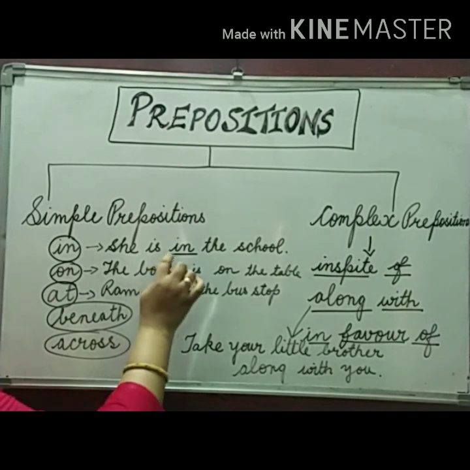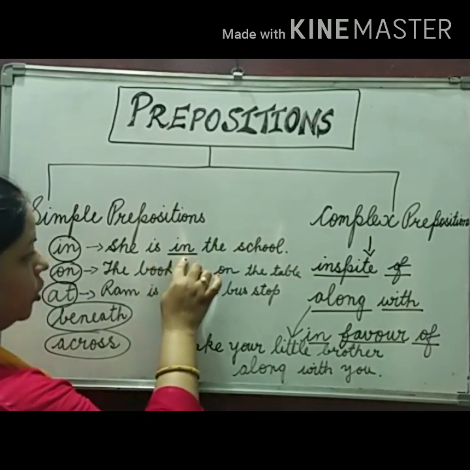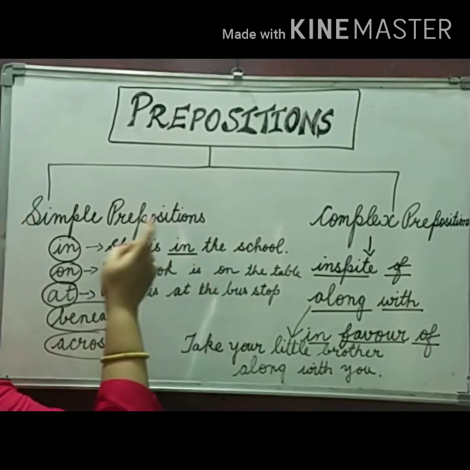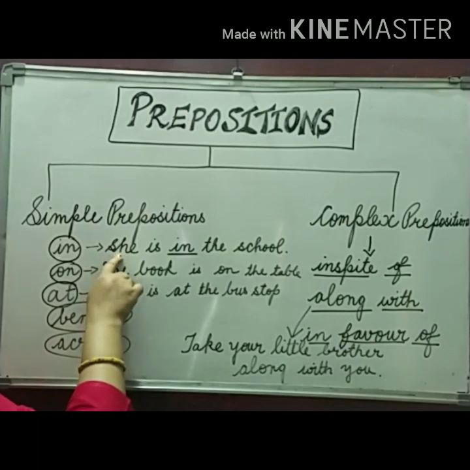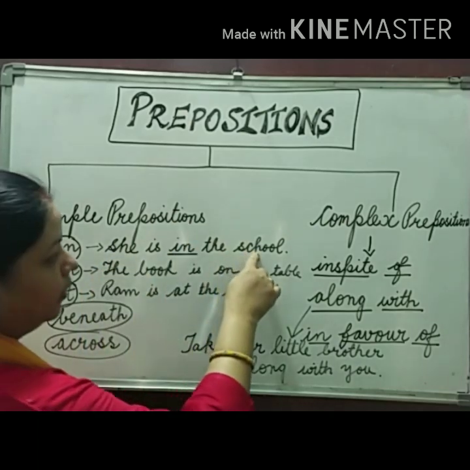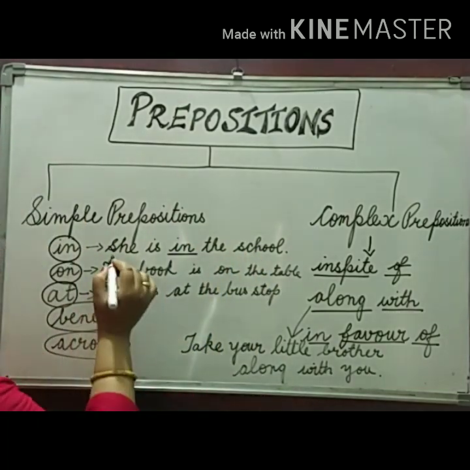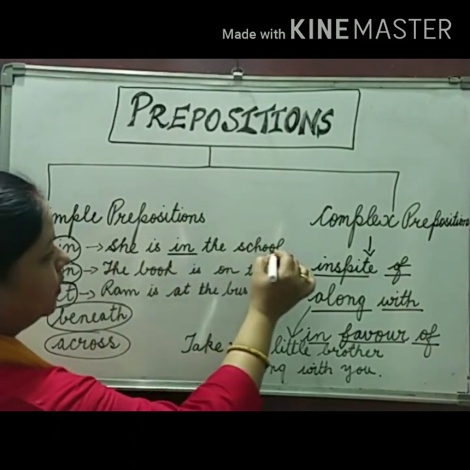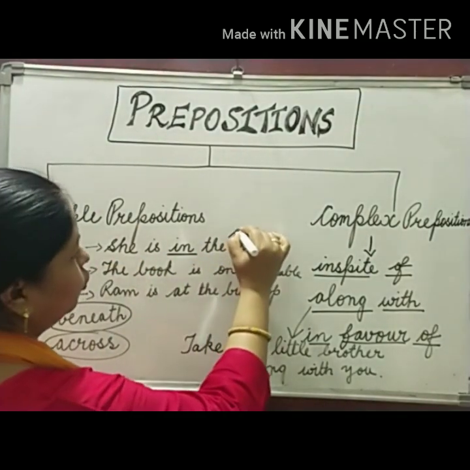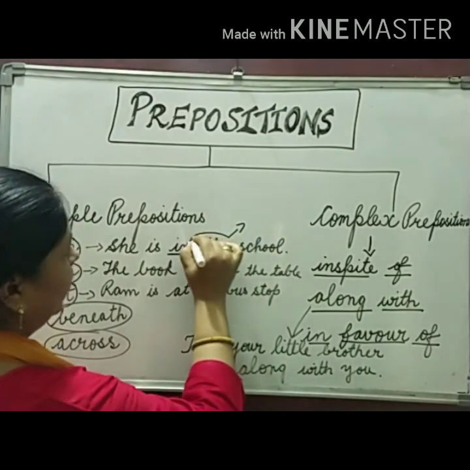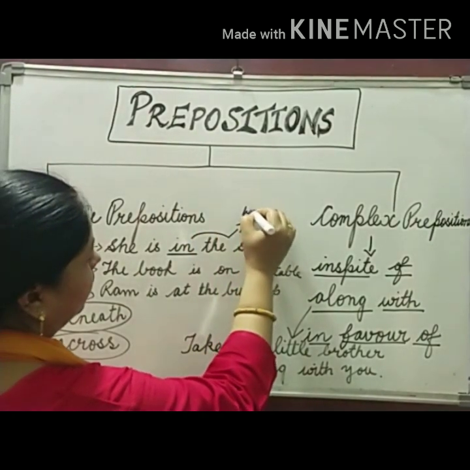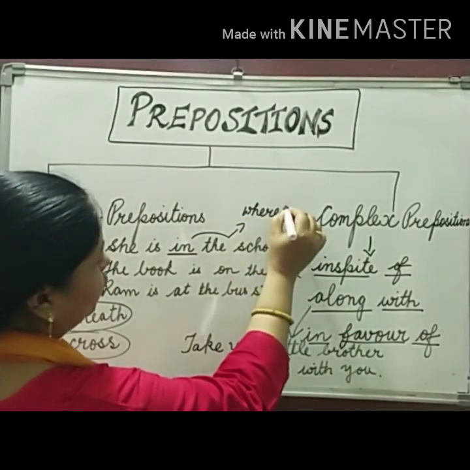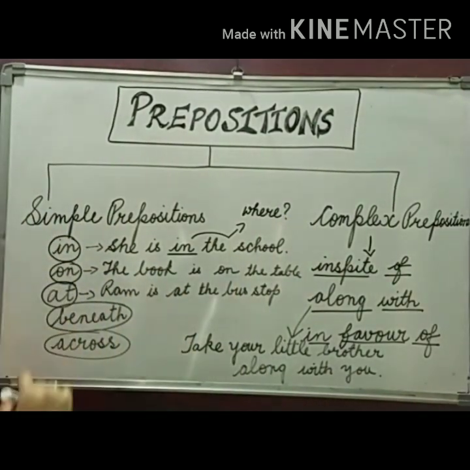Here in is the preposition that shows the relation of the pronoun to the noun. So she is where? She is in the school. Here in tells us where she is.